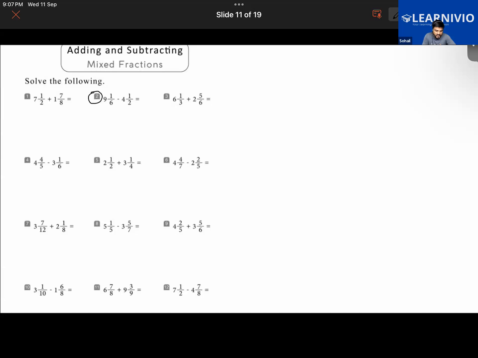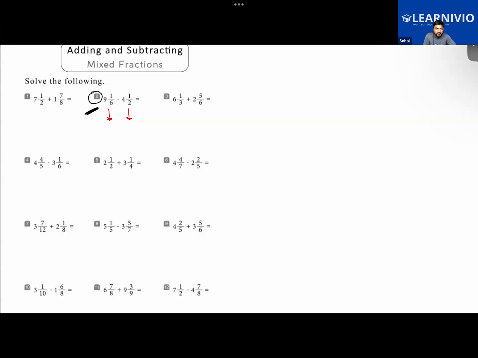Question number 2. First of all, you are going to convert them into a normal fraction. Sumaya and Habib, this will be converted to 55 upon 6.